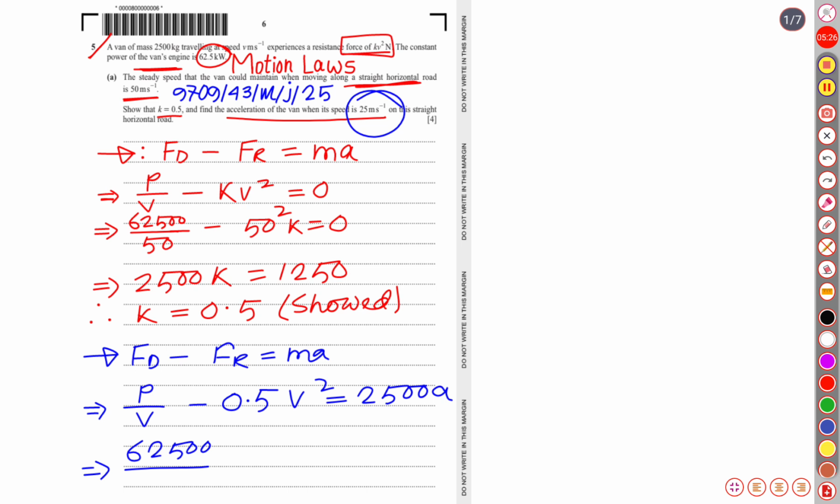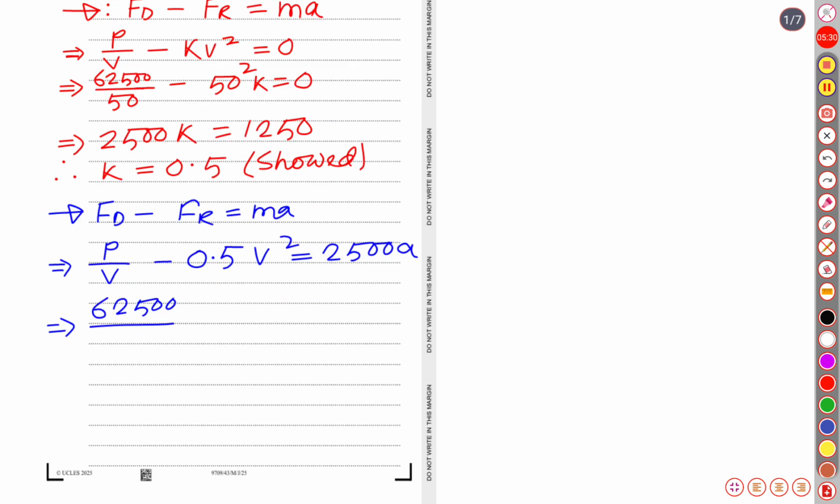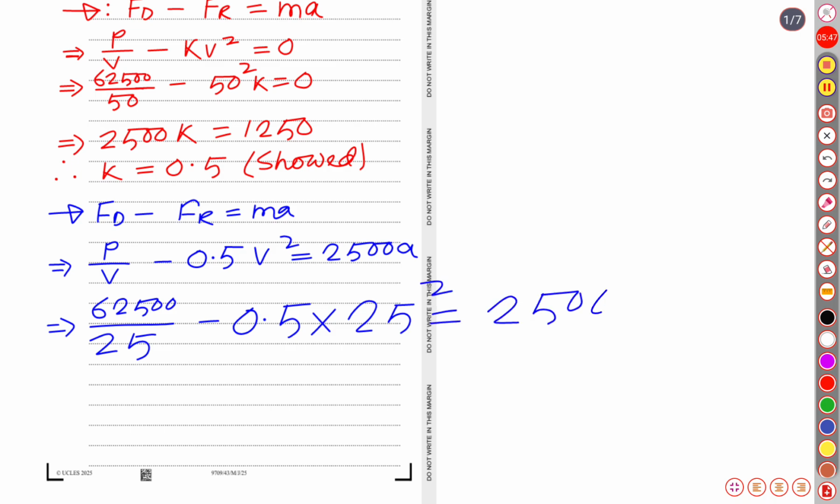So 62,500 over 25 minus 0.5 into 25 squared is equal to 2500 a.